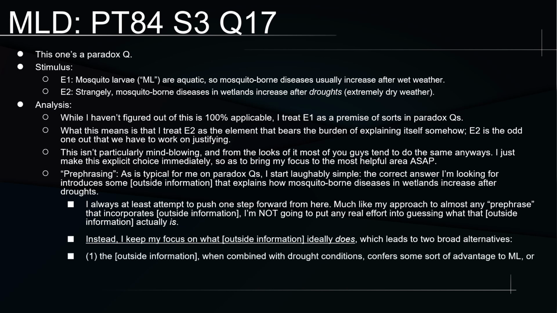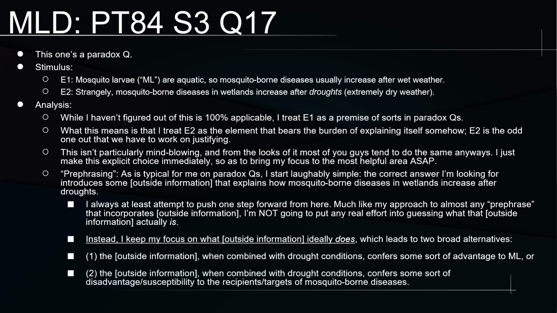The first alternative is that the outside information, when combined with drought conditions, confers some sort of advantage to the mosquitoes. Or the second alternative is that the outside information, when combined with drought conditions, confers some sort of disadvantage or susceptibility to the recipients slash targets of mosquito-borne diseases.